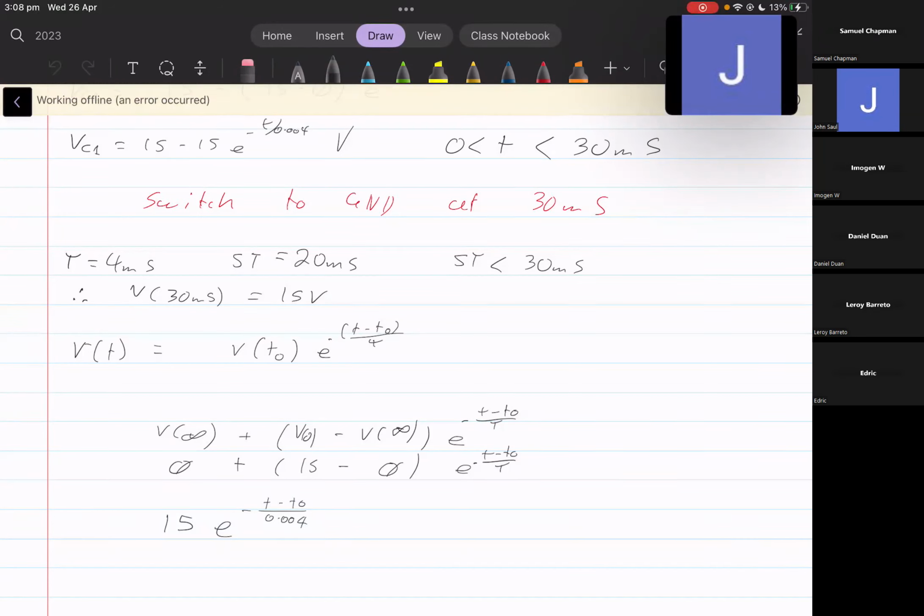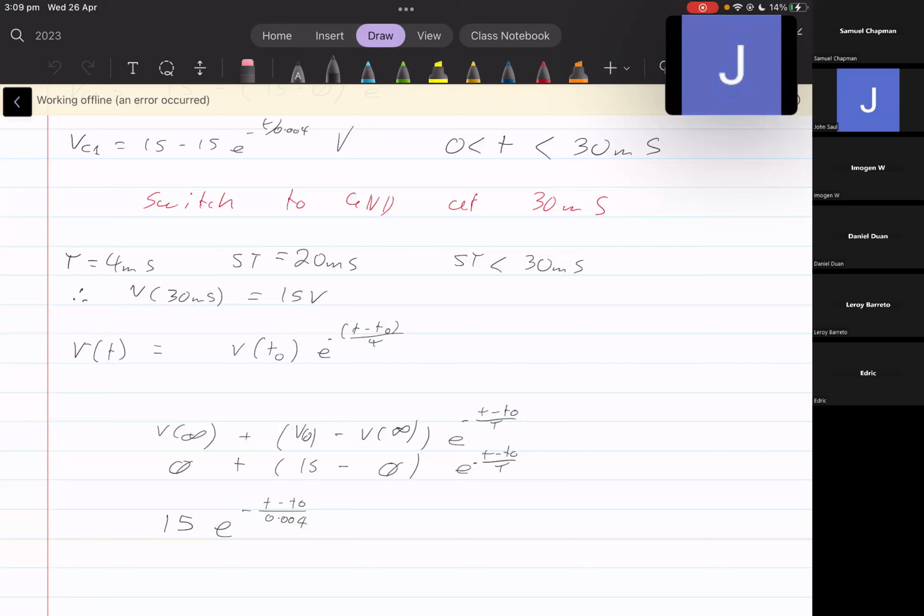Sorry, it should be that. Okay, so it's V0 minus V infinity. For the first one, I wrote it this way, V infinity minus V0, but there's a minus up the front there. Then I got told that's not how you normally see this formula. So we can just swap it around to look this way.